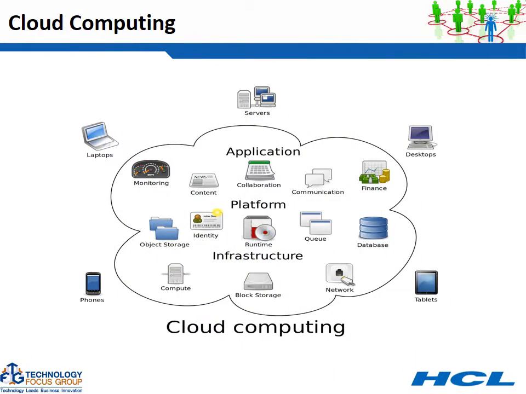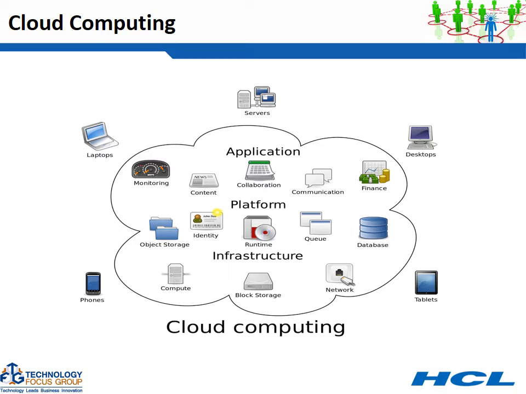Let's see this image. The image shows what kind of services are available on a cloud system. The services can be categorized into infrastructure, platform, and applications. The infrastructure includes the hardware resources. The platform includes the software platforms that are used to build and run applications.